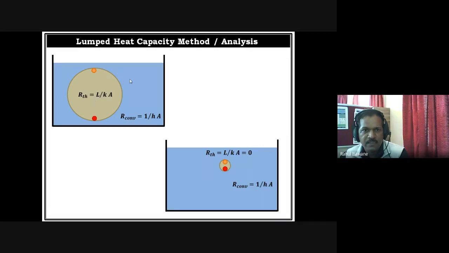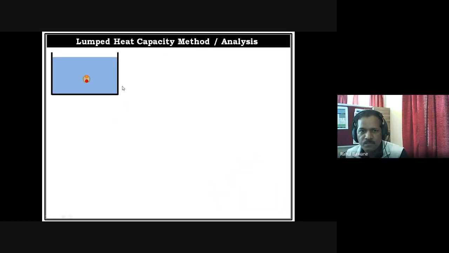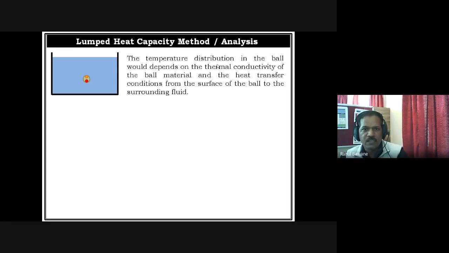Sphere in a surrounding convective fluid, correct? But in lump system analysis, we neglect internal resistance and assume it is zero, with only the outside convective resistance. So lump system analysis is for such quenching processes only. The temperature distribution in the ball would depend on the thermal conductivity of the ball material and the heat transfer condition from the surface of the ball to the surrounding fluid.